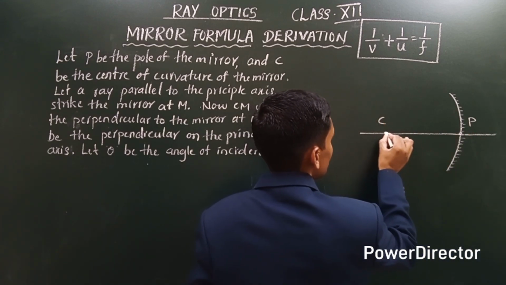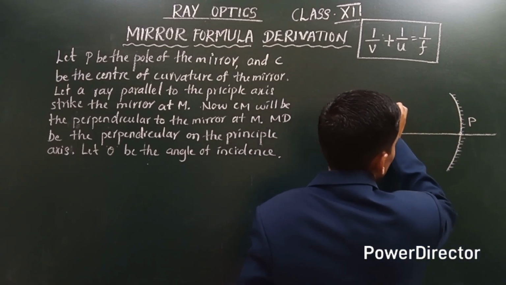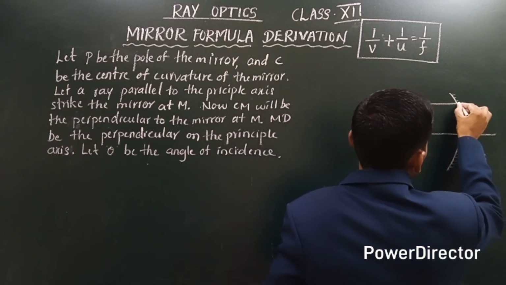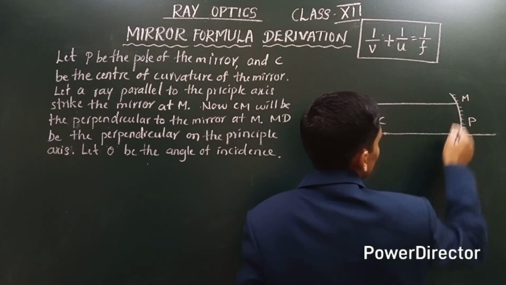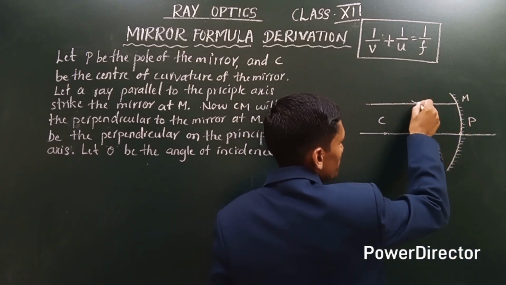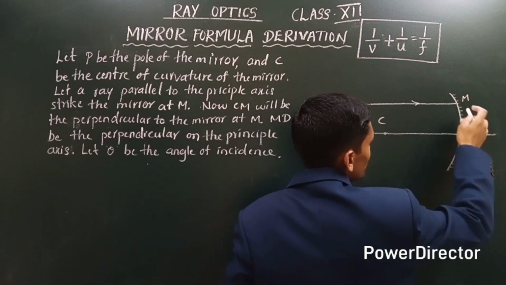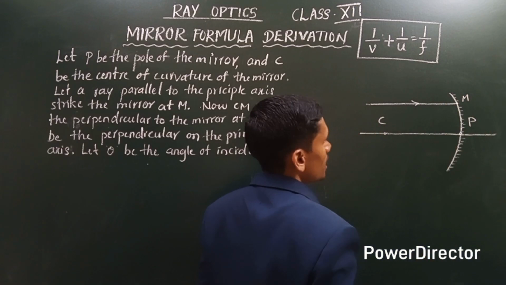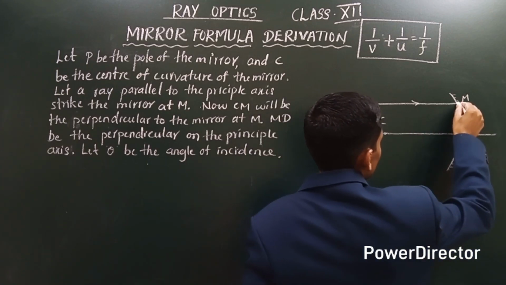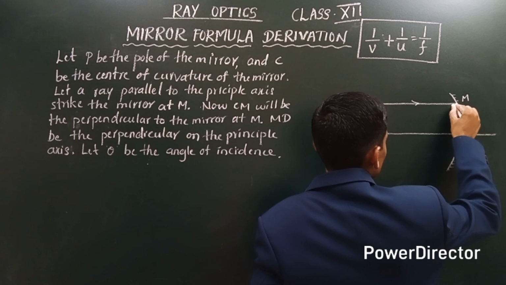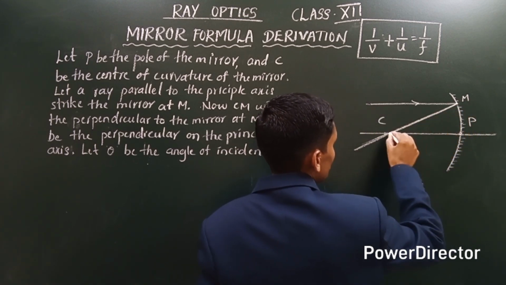Now let a ray of light, parallel to the principal axis, strike the mirror at M. The line CM will be perpendicular to the reflecting surface of the mirror.